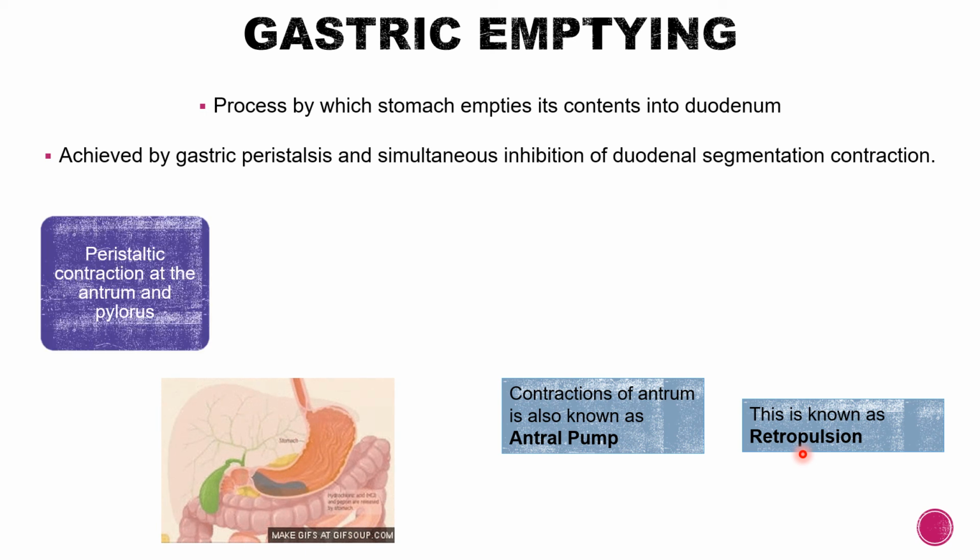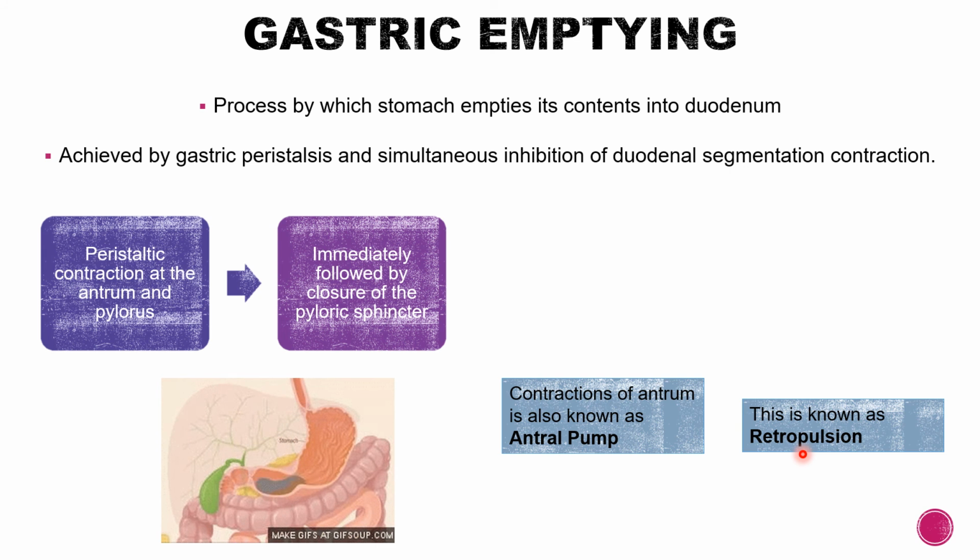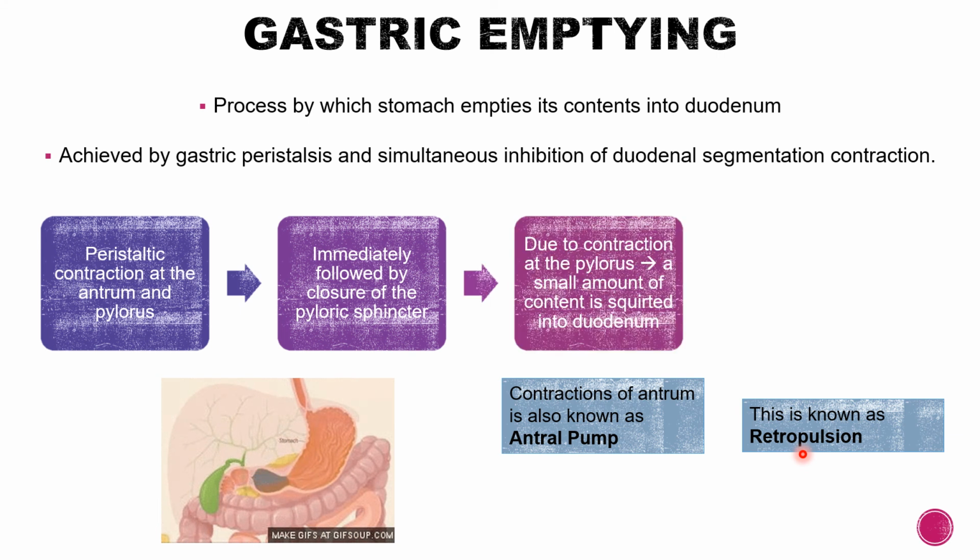Okay, so first there is peristaltic contraction at the antrum and pylorus. That peristaltic wave reaches the pylorus. Immediately after reaching the pylorus, there is closure of the pyloric sphincter. Okay, that is due to the contraction of the pylorus.